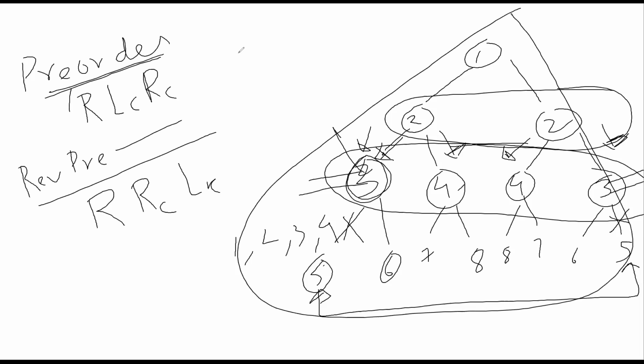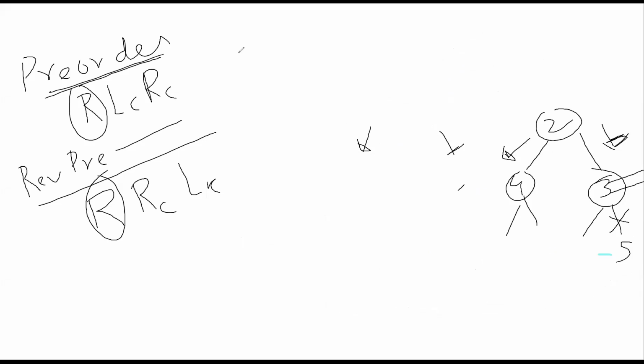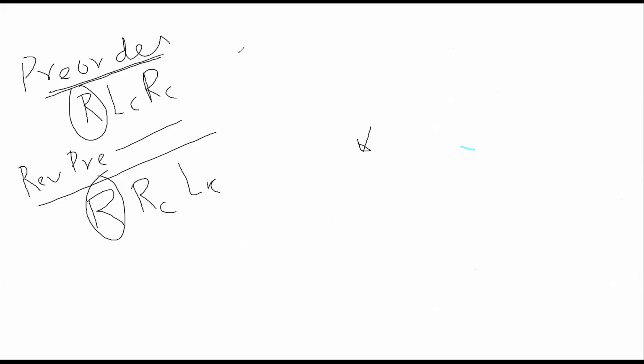You're first comparing the root, and then comparing the left child with the right child of the other side. So if we find a way to traverse both trees at the same time, one in pre-order and one in reverse pre-order, and compare each of those, we are done with the problem. So let's say we start with node 1.